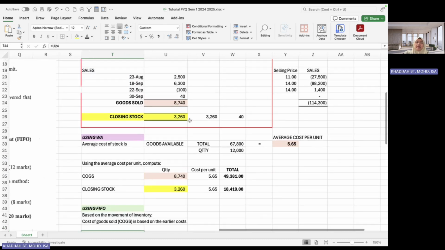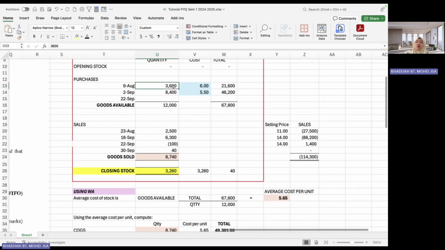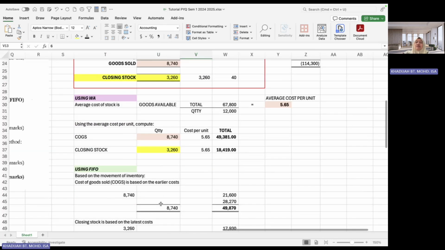You have to look back into here. The cost will be based on the first one. You sell 3,000 units at 6 ringgit per unit. So using FIFO, that's how you have to do it. You take the sale of 3,000 units, and the balance, how do you get the balance? 8,740, you have sold 3,000 units at 6 ringgit, means that the balance would be 5,740. So total these two, you get back to 8,740.